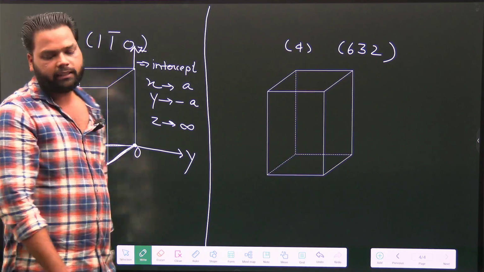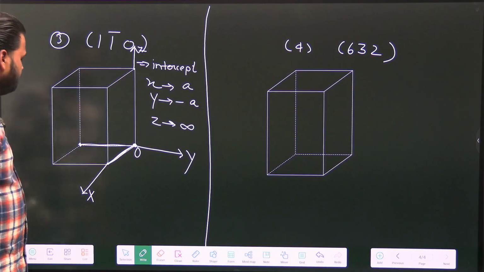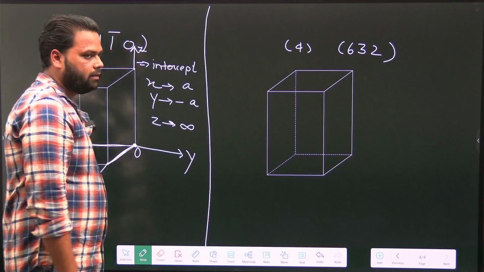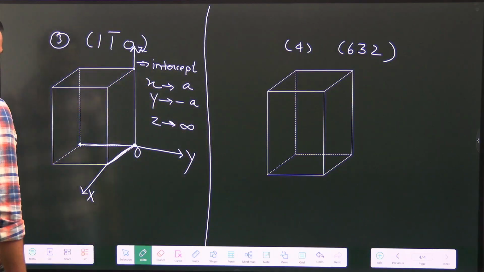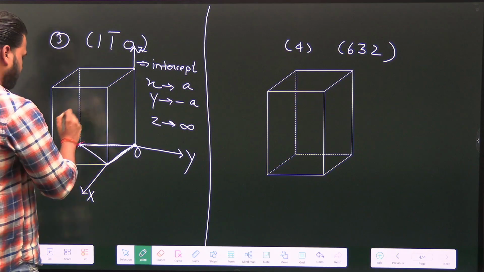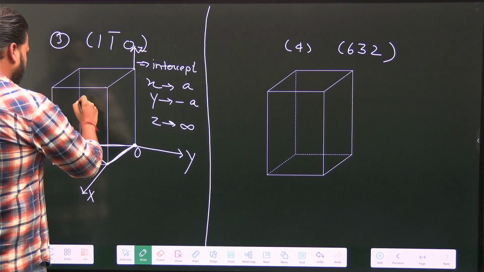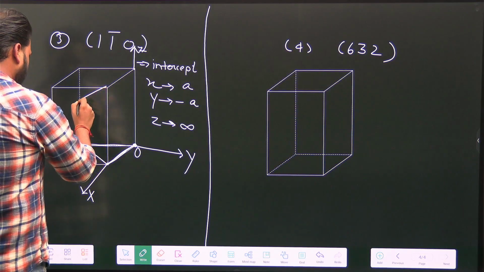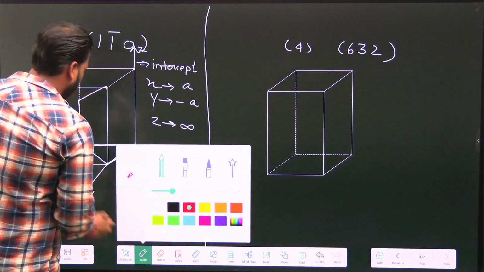And at what distance is it cutting the z-axis? Infinite, yes. It does not cut the z-axis. So what will the plane look like? This type of plane will be made here. कुछ ऐसा plane ये दिखेगा.